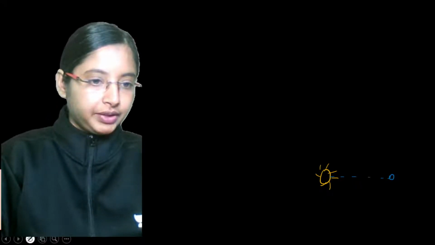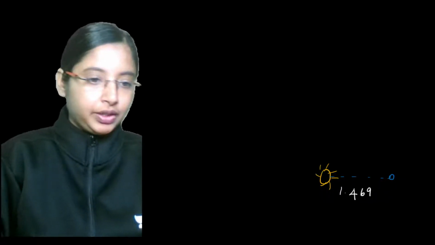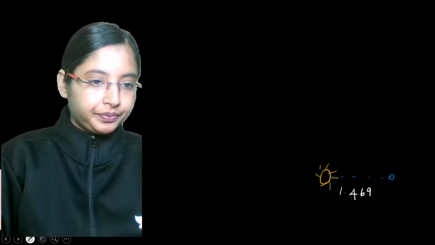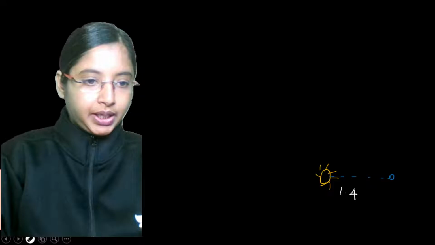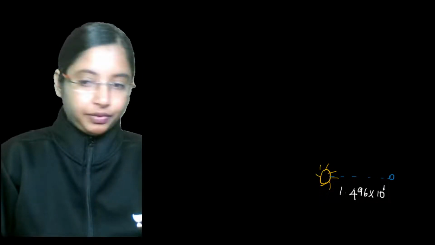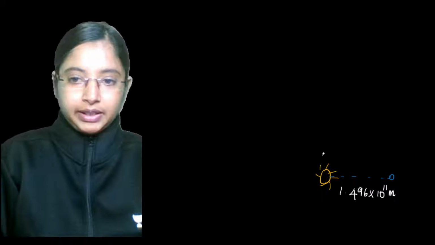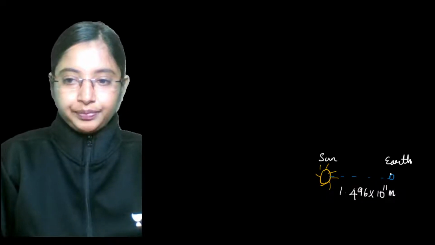This distance is given in the question as 1.496 into 10 to the power of 11 meters. This is the given average distance between the sun and the earth.